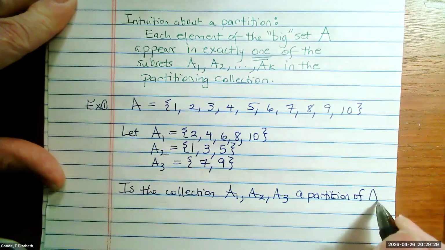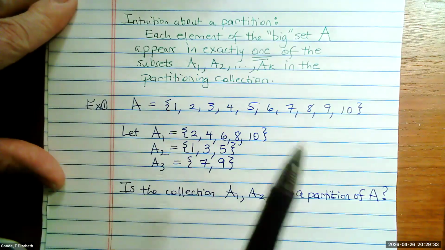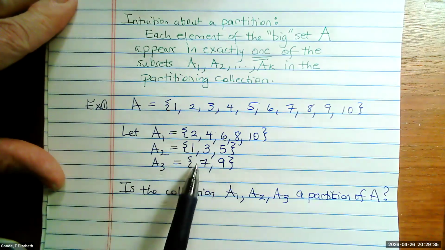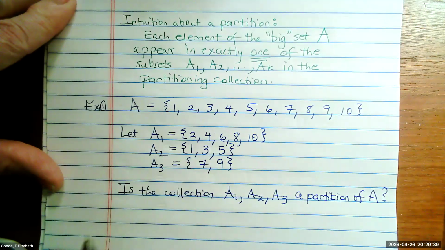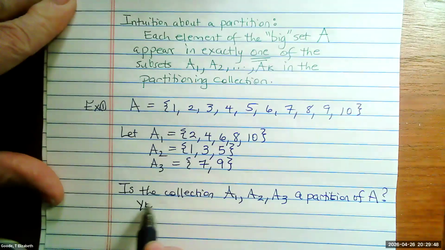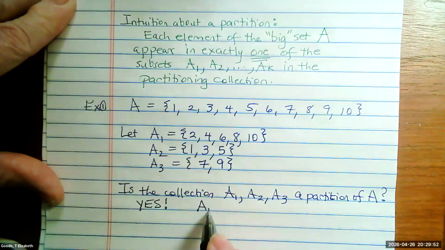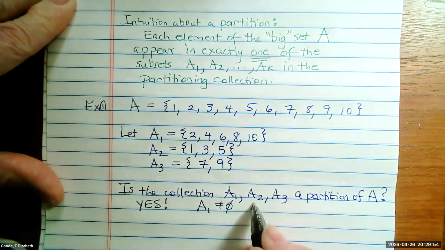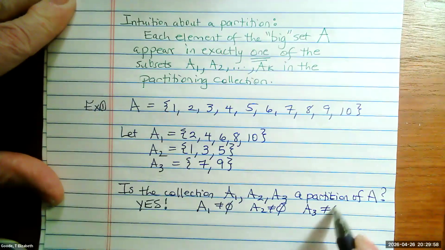of A? In other words, does each element of A appear in exactly one of these subsets? And these subsets don't share anything in common with any of the other subsets. Yes. That's right. A1 is not empty, A2 is not empty, and A3 is not empty.